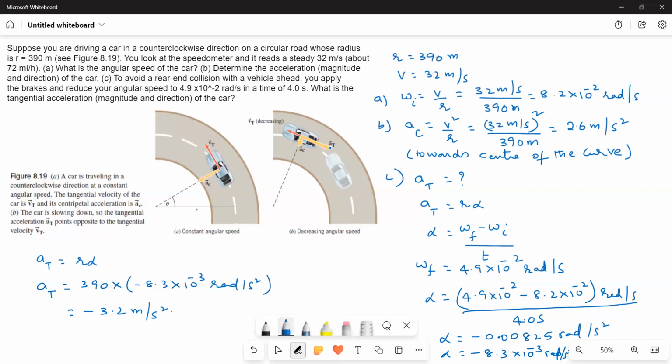That is why the tangential acceleration is negative. So AT is opposite to VT. This is the direction of VT, and this is the direction of AT. That is the answer for this question.